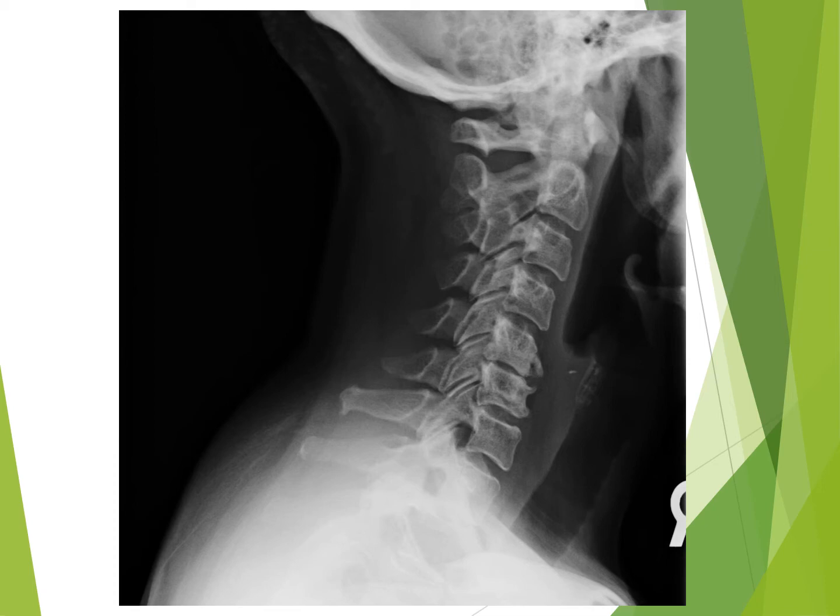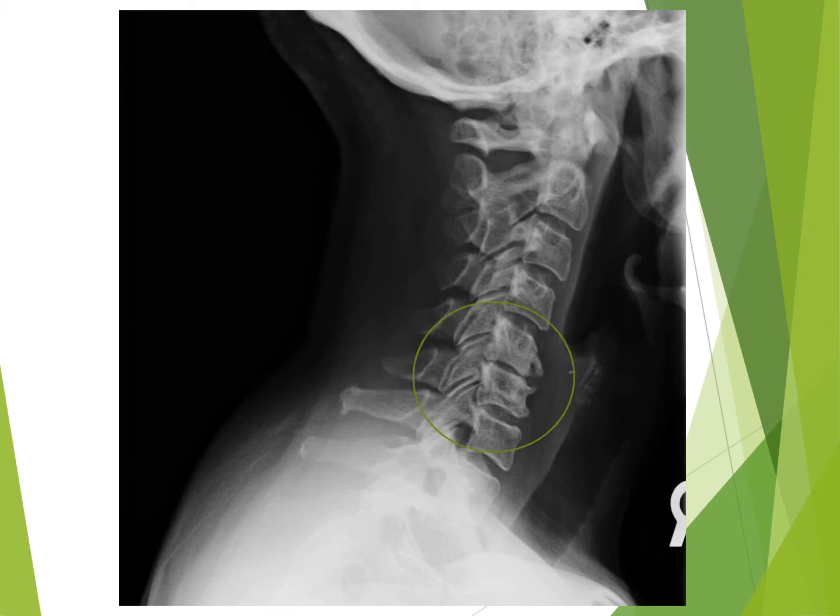When you see this type of scenario on your patient, that tells me that this patient has experienced some sort of injury or trauma there in the past. And by the looks of this presentation, with the spurring on the anterior aspects, the disc showing a lot of degenerative changes, and it's really difficult to tell, but C5 looks like it may be a little bit posterior on this view.